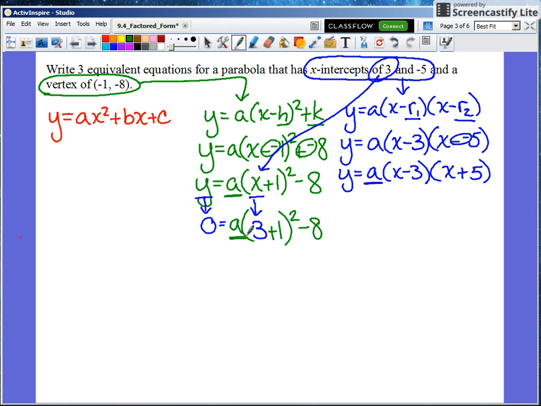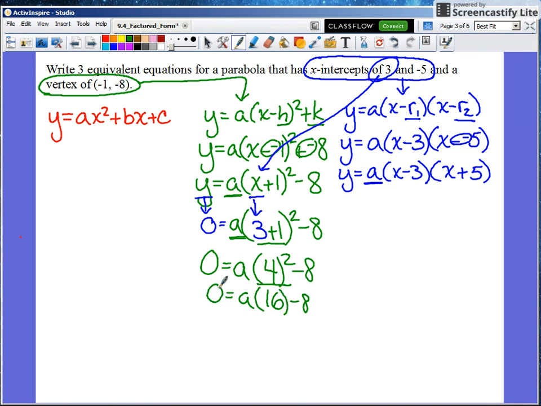So now we can solve following our solving techniques. Figure out what our leading coefficient is. So from here, 3 plus 1 in parentheses gives us 4. Recopy. 4 squared, 16. Recopy.